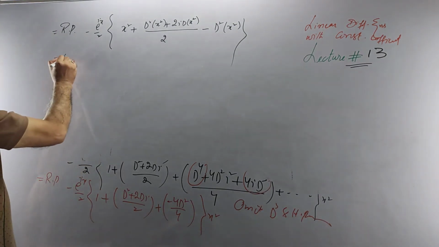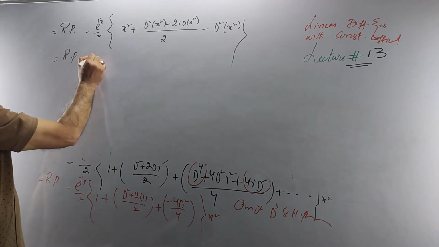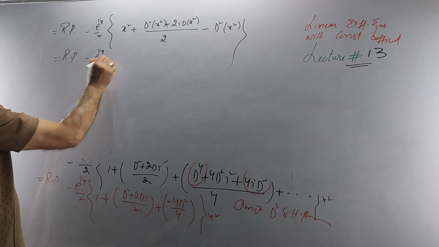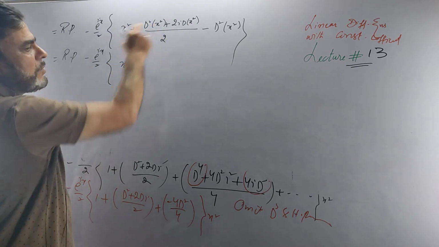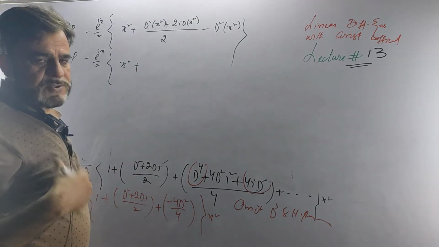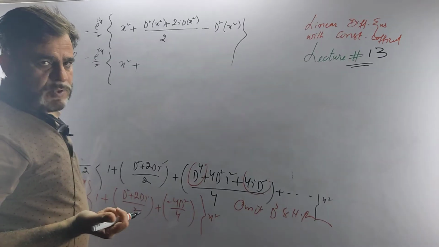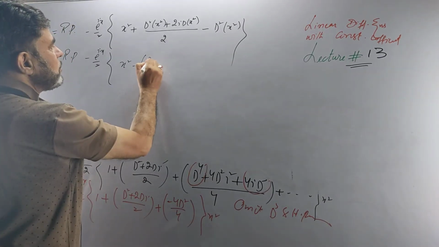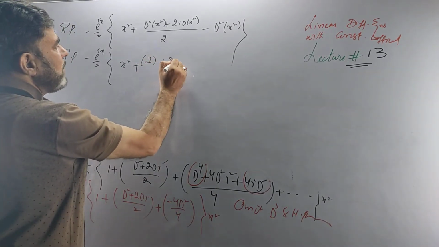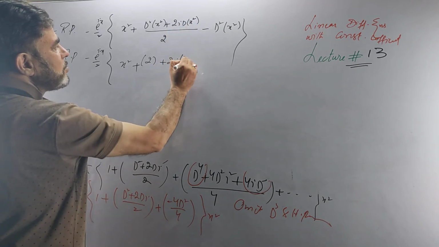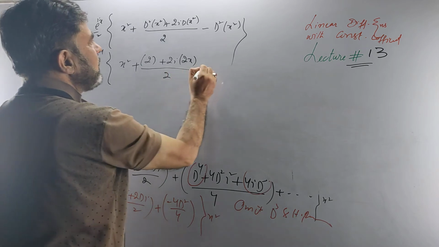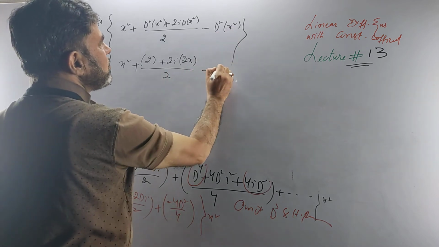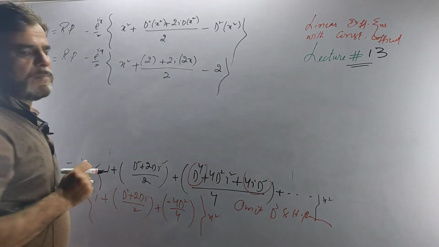Well, it is equal to a real part of minus e raised power iota x by 2 x square plus, what is D2 of x square? You have just seen D of x square means 2x. D2 of x square is simply 2. It is 2 plus 2 iota, what is D of x square? It is 2x by 2, then D2 of it is minus 2, second derivative of x square.